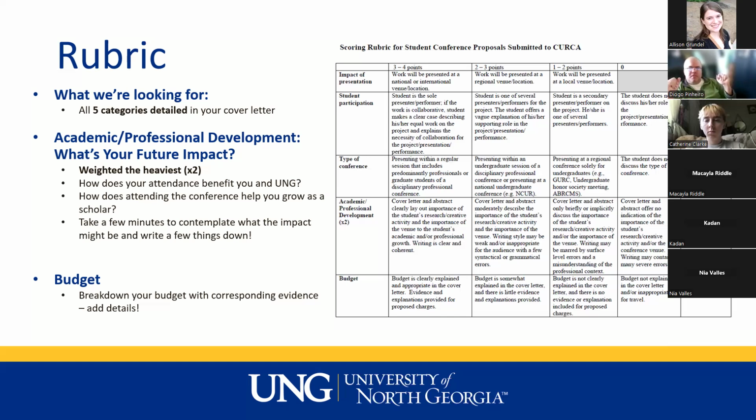And so the 5 categories, the 5 things that we're looking for here, are going to be the impact of presentation, the student participation, the type of conference, academic and professional development, and budget, right? So impact of presentation is going to be about whether the conference is a national or international conference, a regional conference, a local conference.